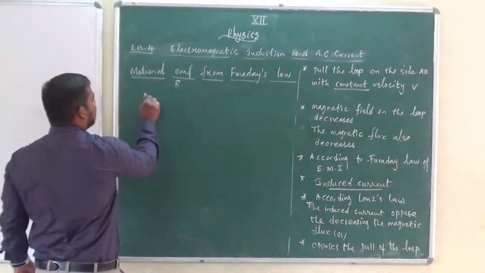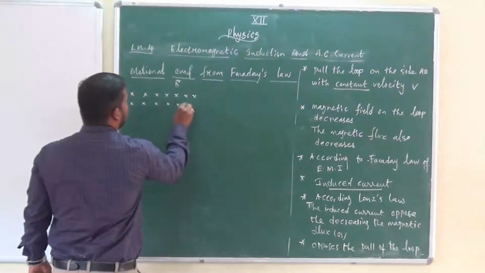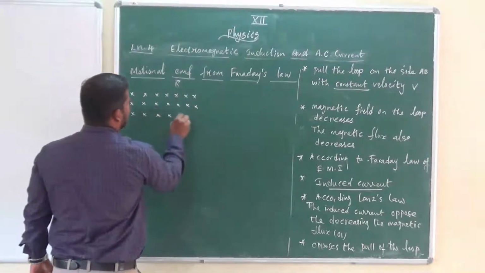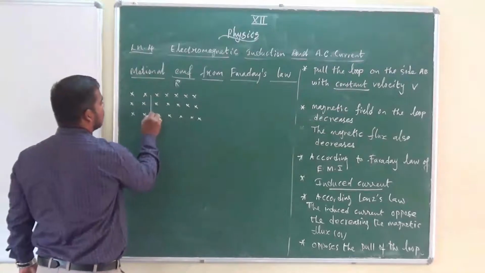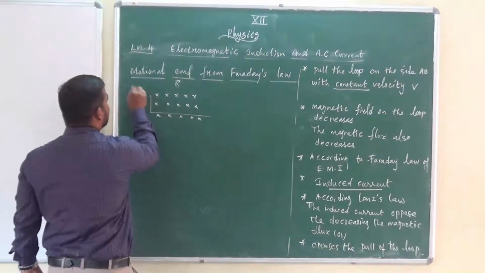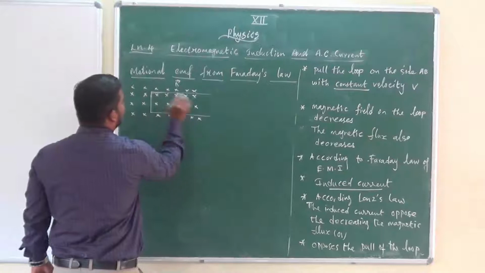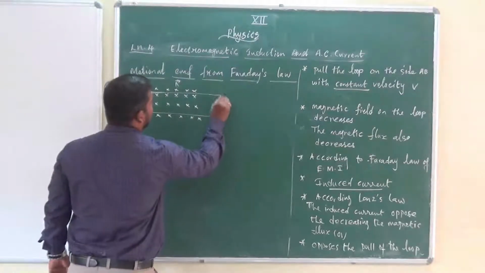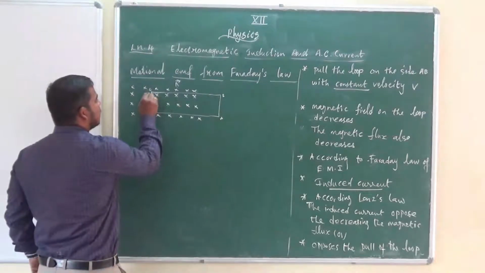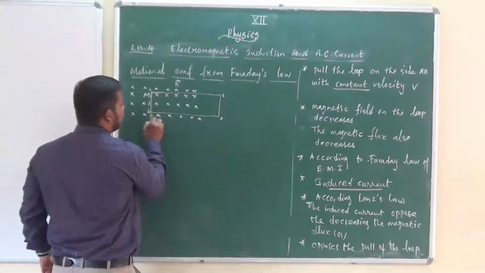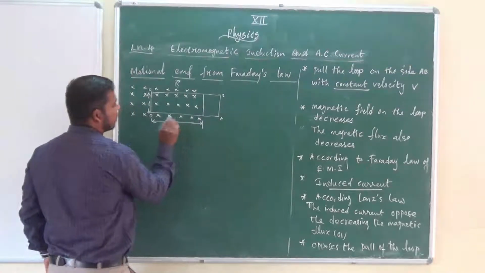Once again, I will draw the diagram. This is the length. The length of the loop within the magnetic field is considered to be x.